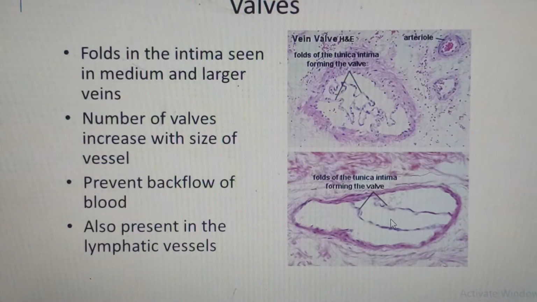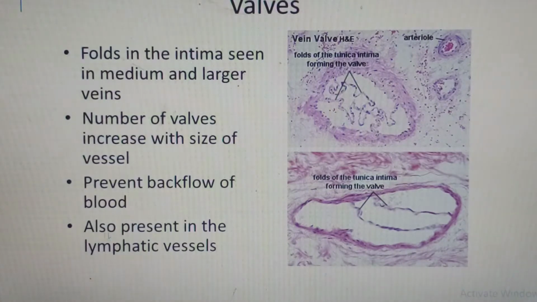Blood that flows through veins flows under reduced pressure and therefore flows slowly. If that is so, there's a likelihood of retrograde flow or backflow of blood. Therefore, veins are endowed with these valves along their lengths, especially those which move against gravity, which will have a lot of these valves.